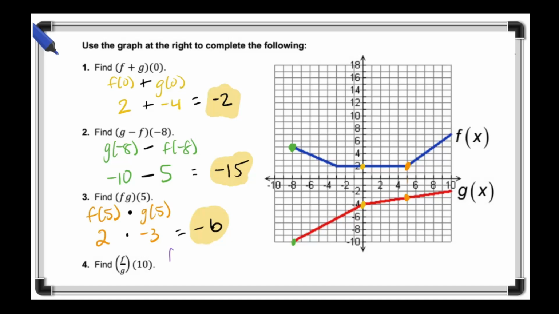And last but not least, f of 10 over g of 10. So f of 10 here is 7 over g of 10, which is negative 2, which is just negative 7 over 2.